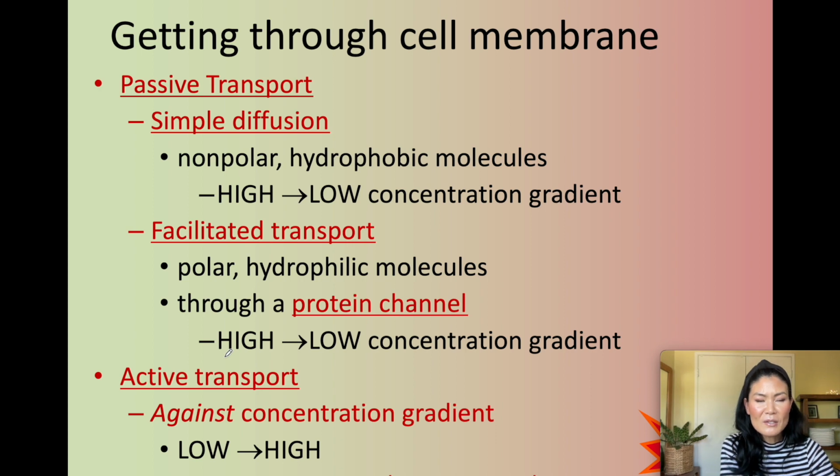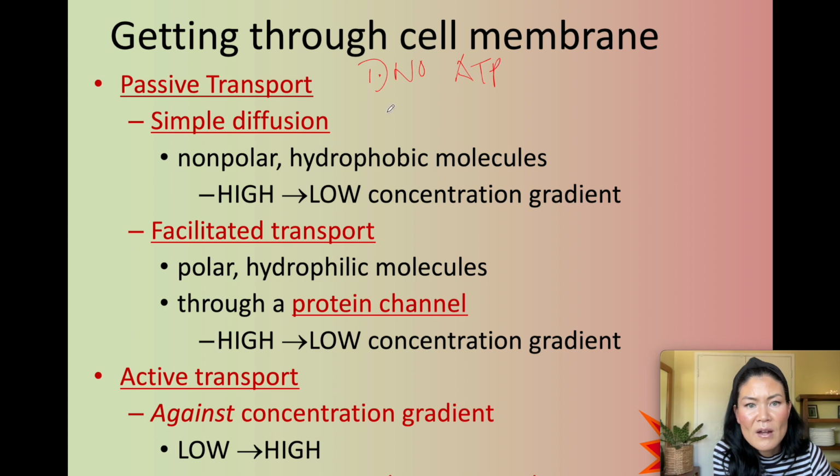Okay, so as a really quick review, passive transport: no energy required. You need to remember things about passive transport. No ATP required, right? And the movement of molecules goes from high to low.